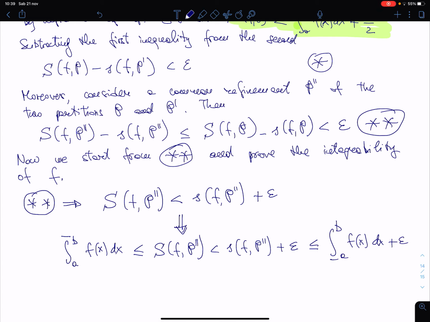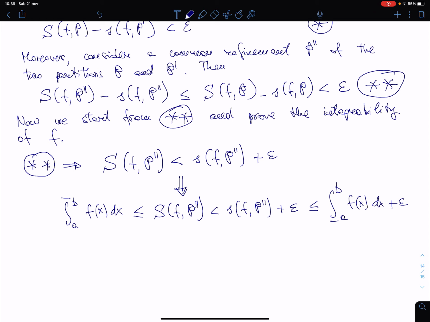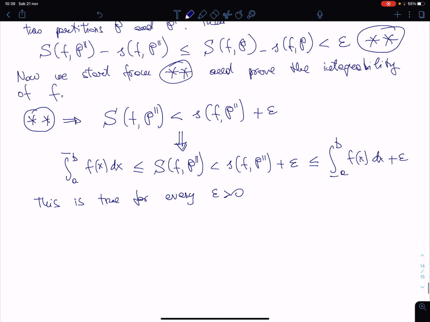And now this is true for every epsilon larger than 0. But since this is true for every epsilon larger than 0, this must be true also for epsilon equal to 0. Otherwise, again, by permanence of sign, you fall into a contradiction.